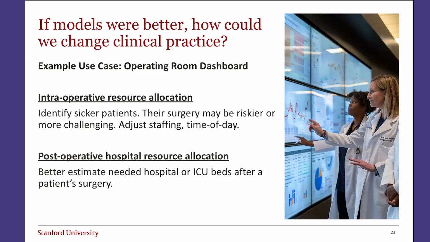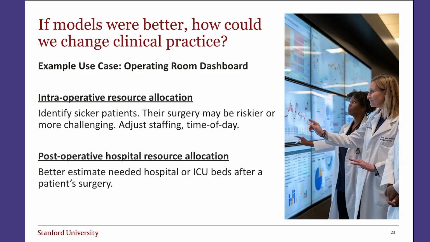If something happens, you don't have as many hands on deck in order to help out. And then we can also consider adjusting staffing so that maybe we have clinicians who are de facto experts at certain surgeries or diseases for those sick patients.